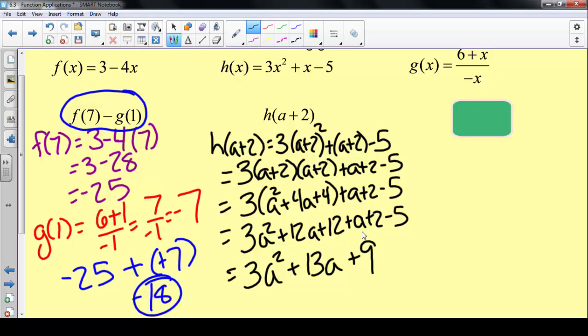So 12a plus a is this 13a, 12 plus 2 is 14, minus 5 is our 9.